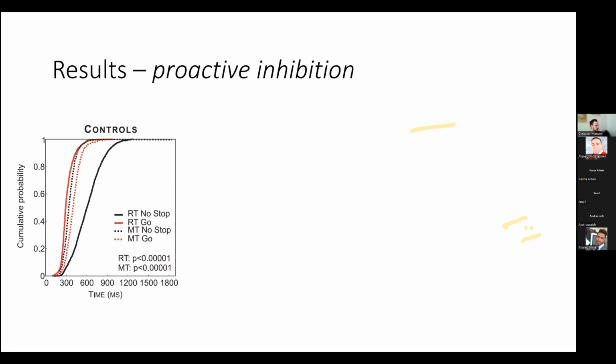So it's extremely significant. And that's exactly what happens. We call this the context effect. So given a specific context, in our case, the presence or absence of stop signals, even if you do the same movement, your reaction time and movement times completely change in length.